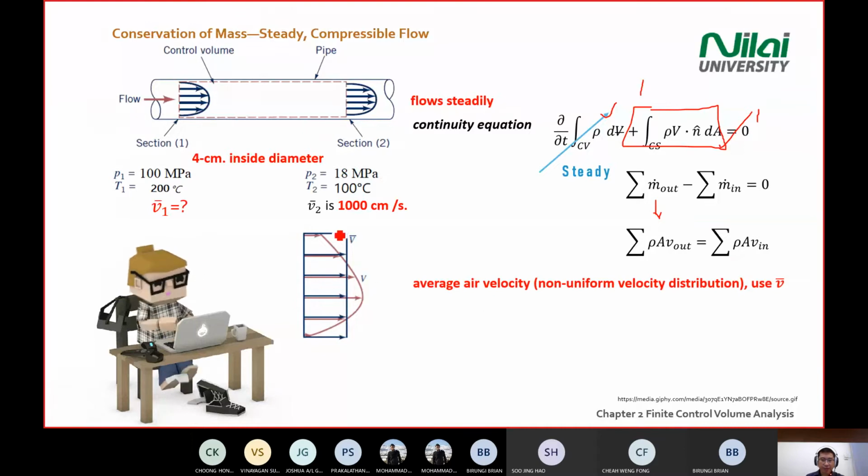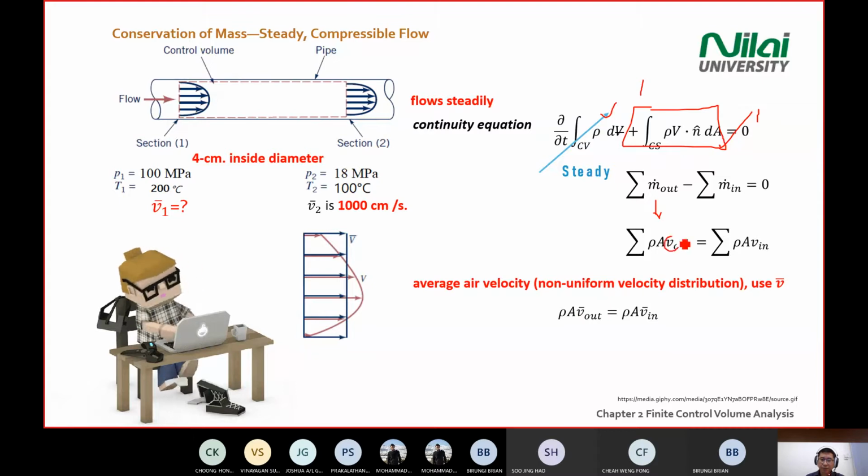Now, just now I explained, we use average air velocity for the non-uniform velocity distribution. We use V hat. So we write our equation like this: rho A V hat out equal to rho A V hat in.